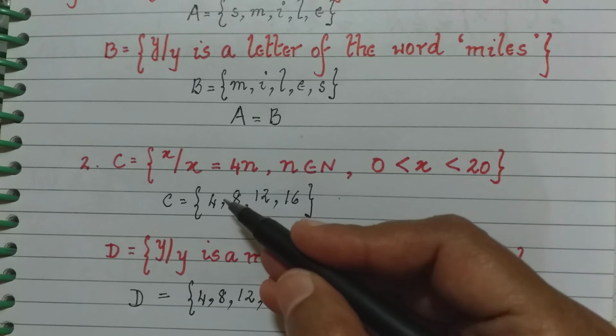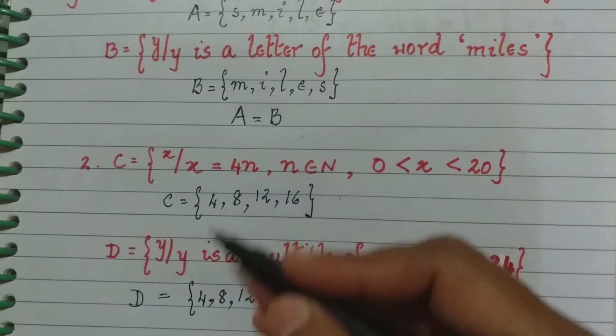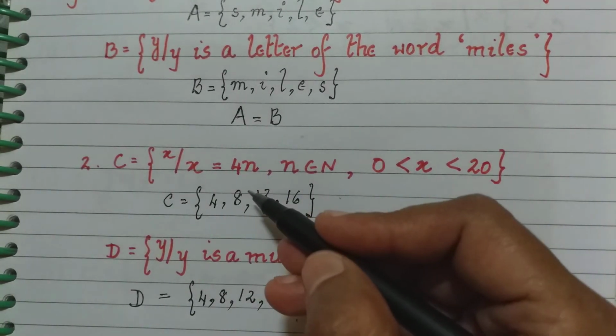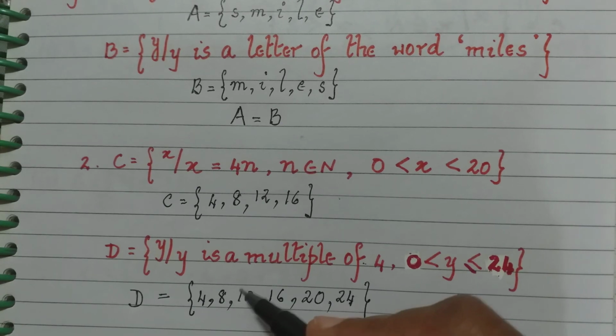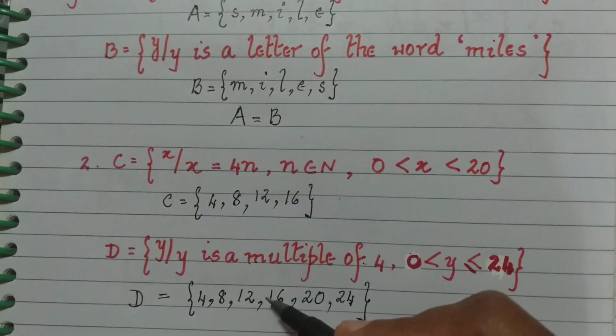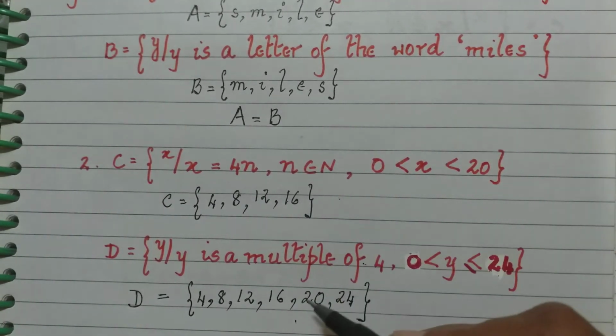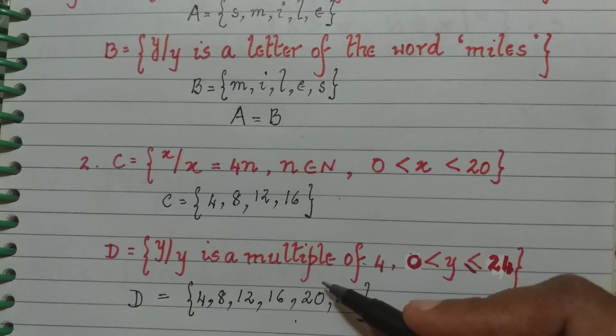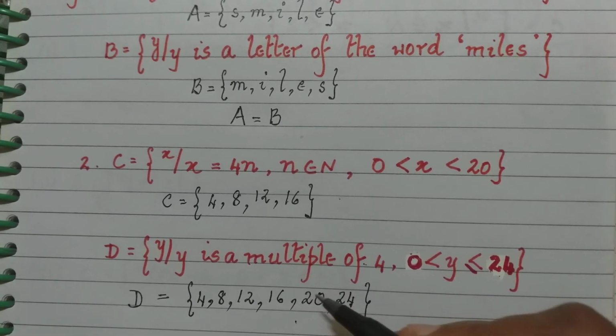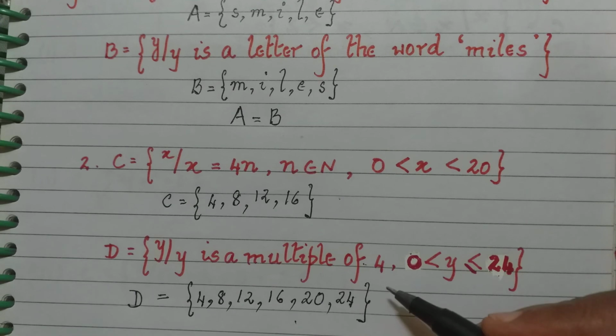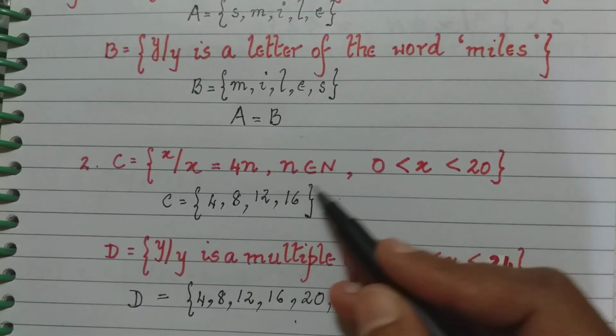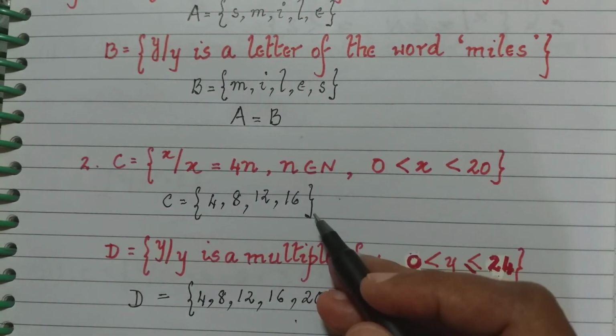So let us see. Here we have element 4, here also 4, here 8, here also 8, here 12, here also 12, here 16, here also 16. But in set D we have 2 extra elements, 20 and 24, which are not present in set C.